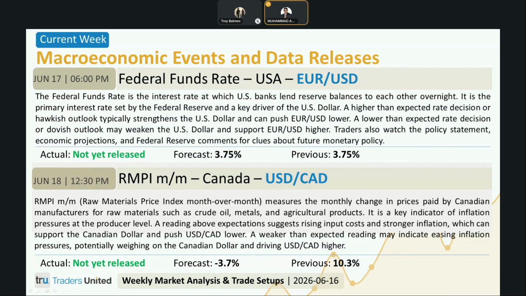Because RMPI reflects cost pressures in key industries, it can influence expectations for future inflation and monetary policy decisions. The technical and sentiment considerations: USD CAD may experience increased volatility around the release due to its direct link to inflation expectations. A stronger RMPI reading would likely support Canadian dollar strength and push the USD CAD lower.